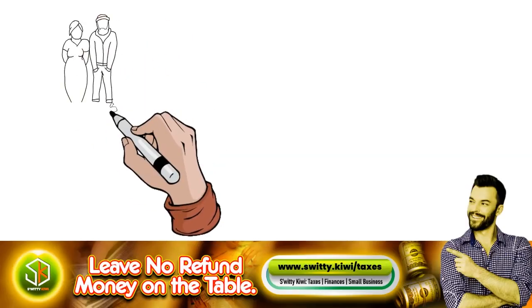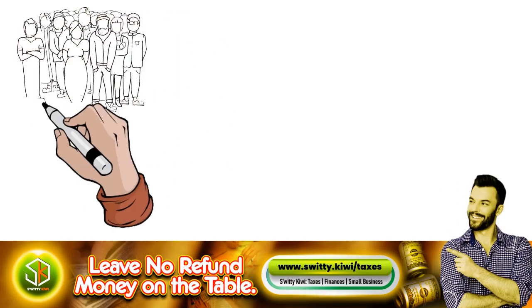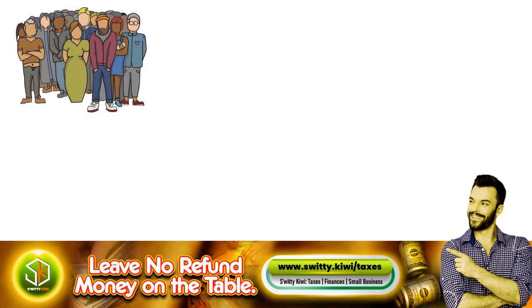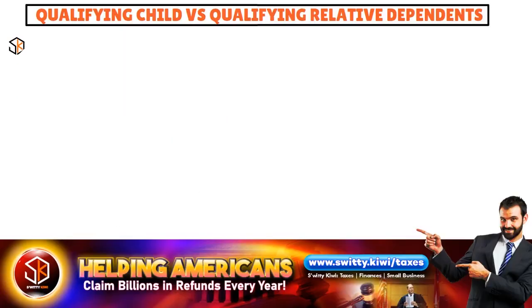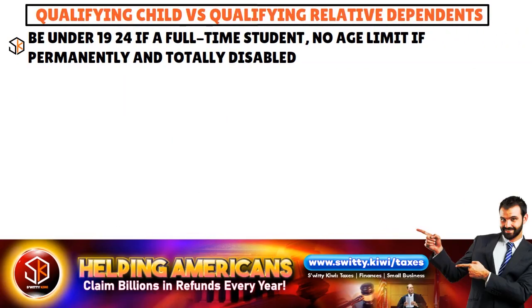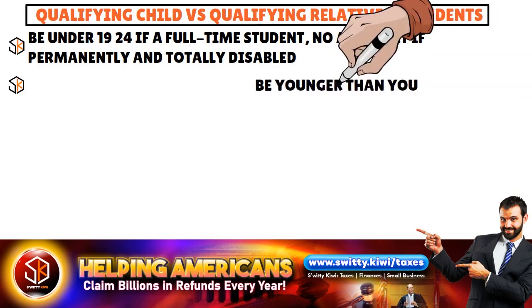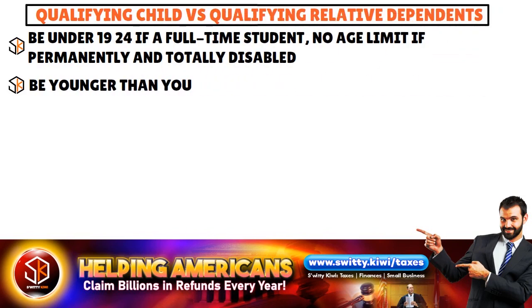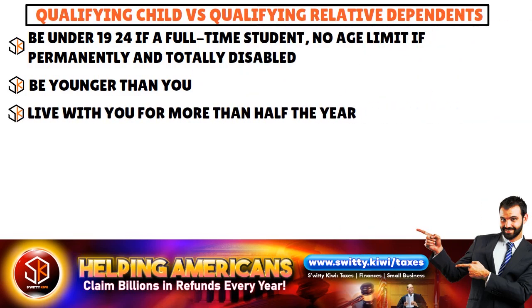You can't use Form 2120 for multiple people who want to claim the same dependent child. A qualifying child must be under 19, 24 if a full-time student, no age limit if permanently and totally disabled. A qualifying child must be younger than you, since you are the one filing. A qualifying child must live with you for more than half a year, so we're speaking here about at least 6 months.